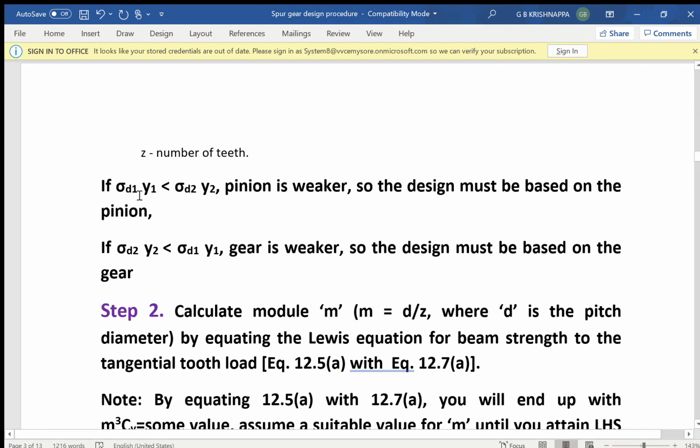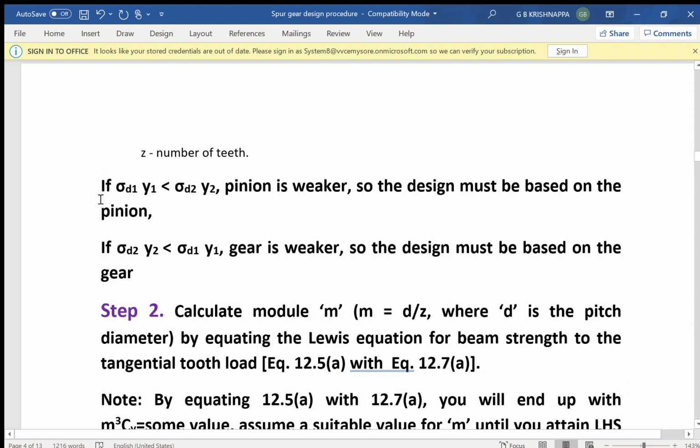If sigma d1 y1 is less than sigma d2 y2, pinion is weaker. So the design must be based on the pinion. If sigma d2 y2 is less than sigma d1 y1, gear is weaker. So the design must be based on the gear. You know that 2 is for gear and 1 is for pinion suffix.